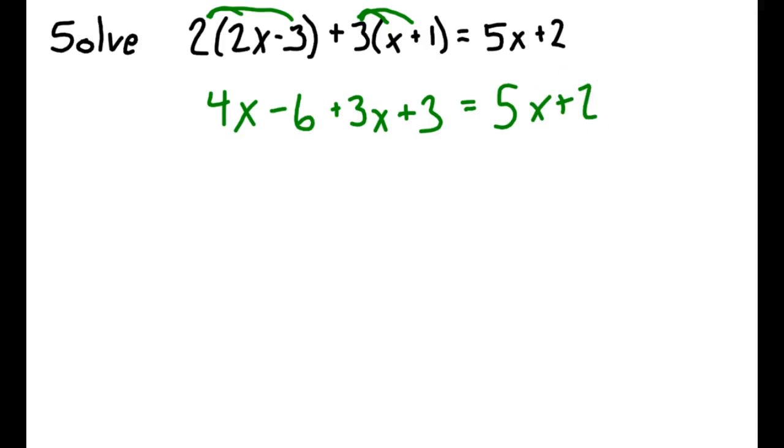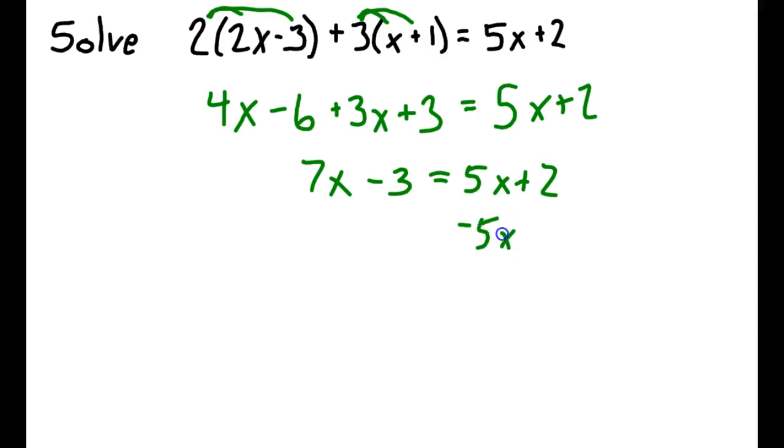On the left side of the equation, we have like terms that we can combine together. 4x and 3x will give us 7x. Negative 6 plus 3, we have minus 3, equal to 5x plus 2. Now we need to get like terms on the same side of the equation.